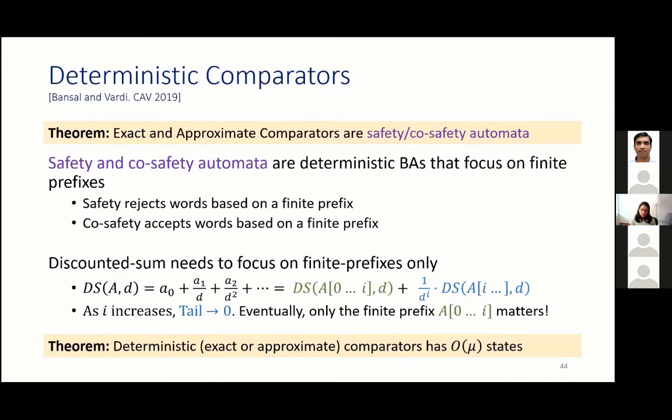These comparators only require order mu number of states. And we can further prove that these comparators are in fact minimal, so there cannot be a deterministic comparator with fewer states. So by using this additional property of finite prefixes and the fact that safety and co-safety automata are meant for finite prefixes, we have much more efficient constructions of comparators for both the exact and the approximate case.